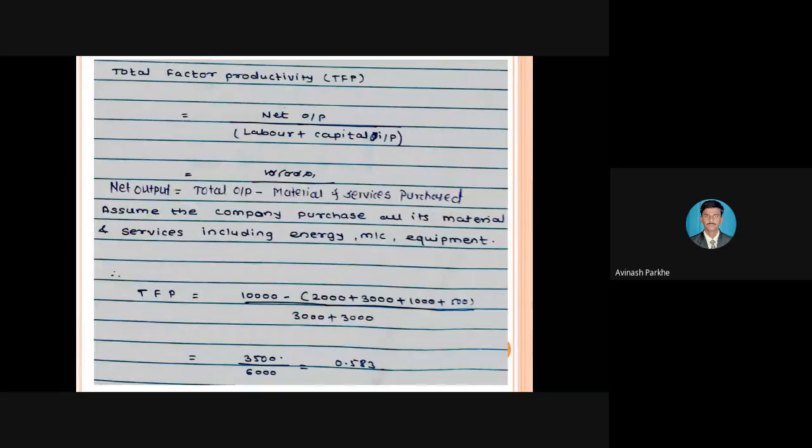Now, what is the formula for total factor productivity? It is in front of you. Total factor productivity is equal to net output upon labor plus capital input. In partial productivity, we took the formula total output upon required input. Only one input we considered.